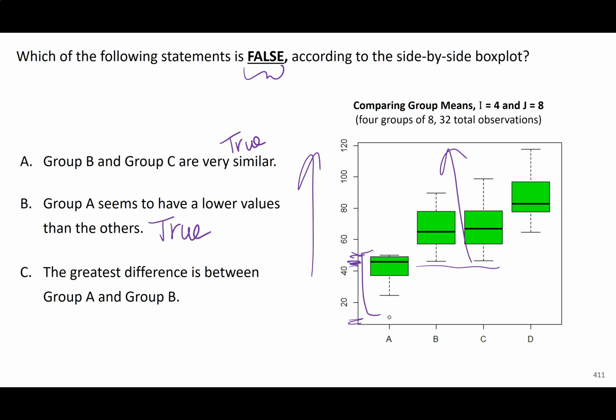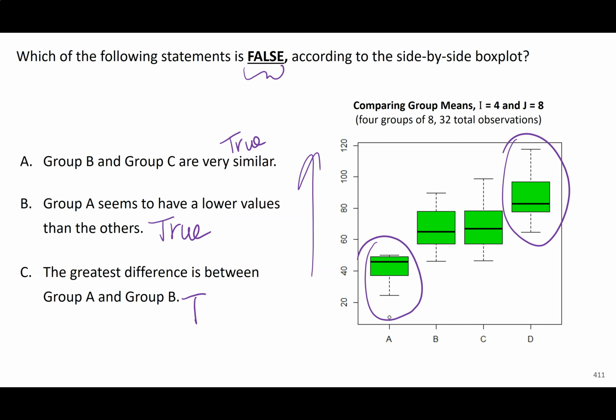And then this last one, the greatest difference is between group A and B. They definitely do have a notable difference, but I would argue that A and D have a bigger difference than A and B do. So this is the one that's false. I would say C is false because A and D have the greatest difference that we observed, not A and B.